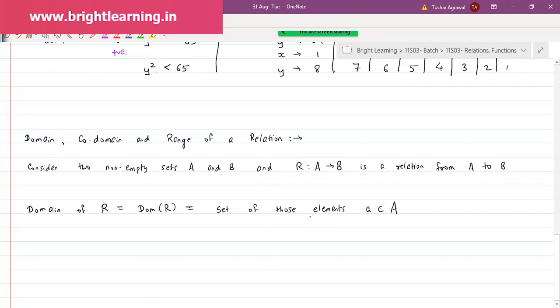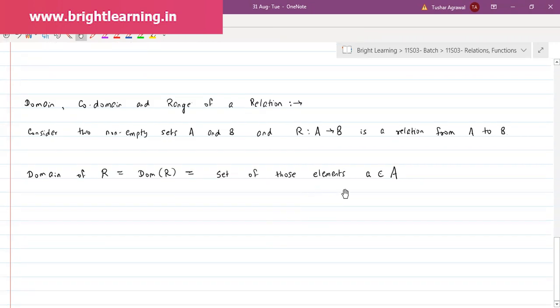Now R is a relation from A to B, so those elements of A such that (a, b) belongs to R for some b belonging to B. This is the formal definition.